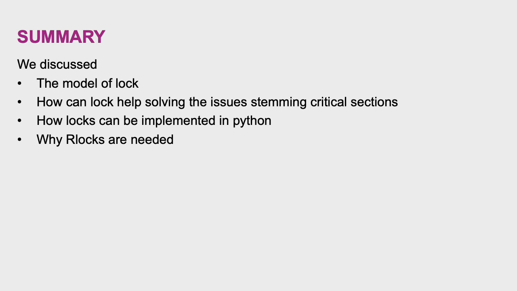It's slightly less efficient than locks, but it's a necessary tool for the implementation of multi-threading applications. Finally, we got our hands dirty with some examples to understand how to use locks in Python to actually protect critical sections.